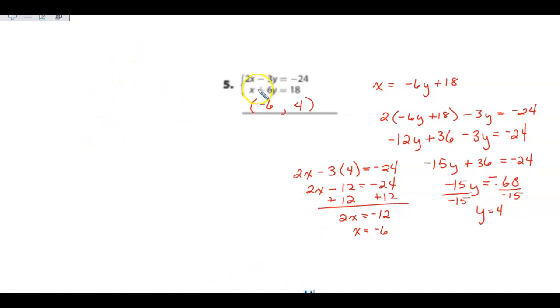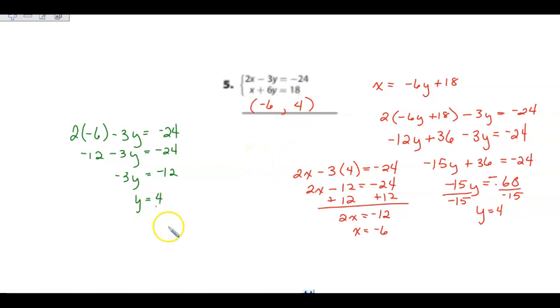I can replace the x with negative 6. That's negative 12. Add 12 to both sides. Divide by 3. I get y is 4. That checks out. Okay? Alright, so that means that it works. Our ordered pair of negative 6, 4 is the answer to the system of equations.